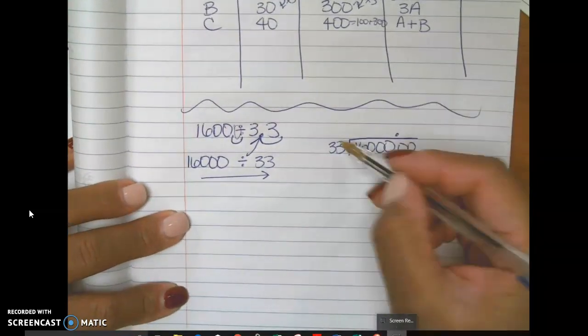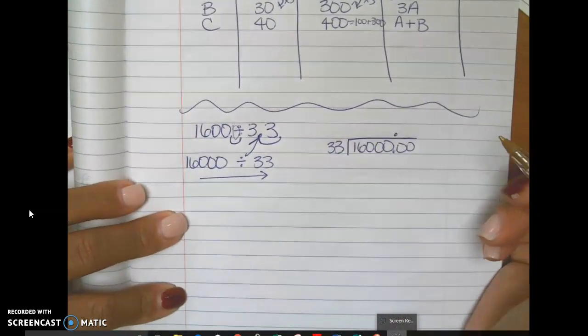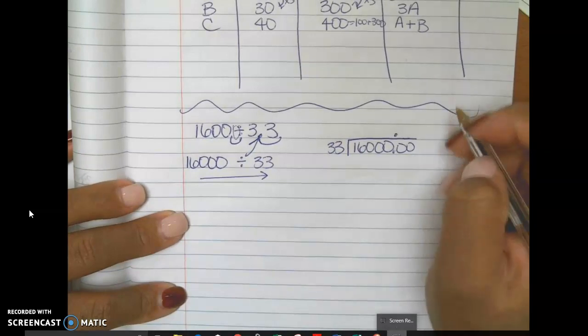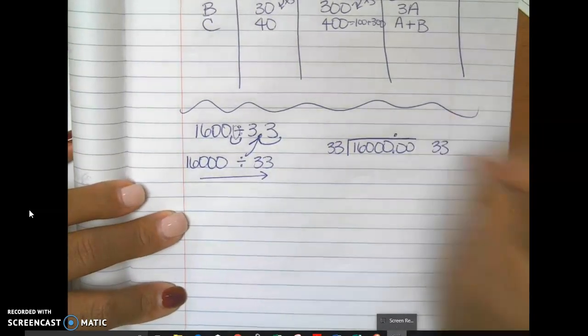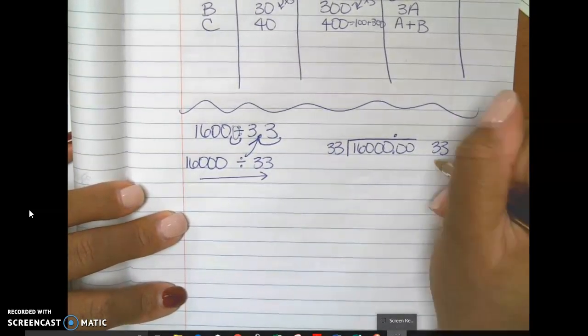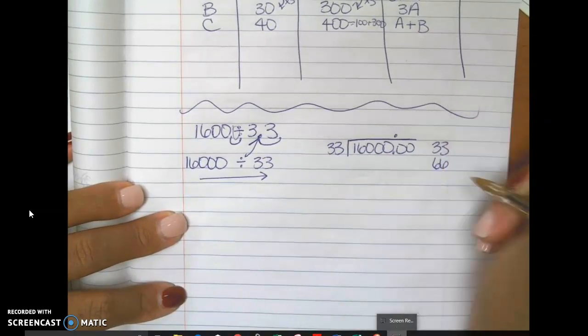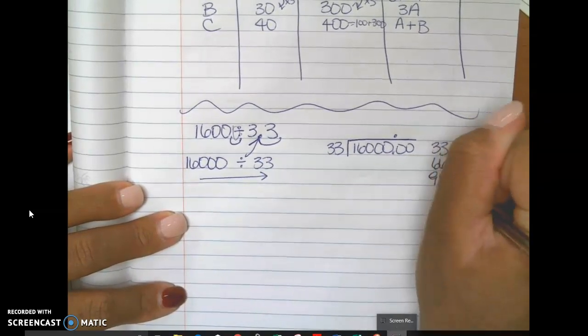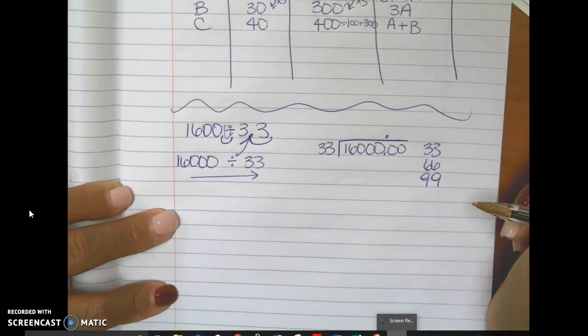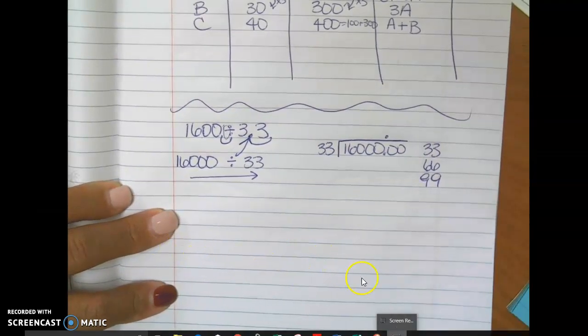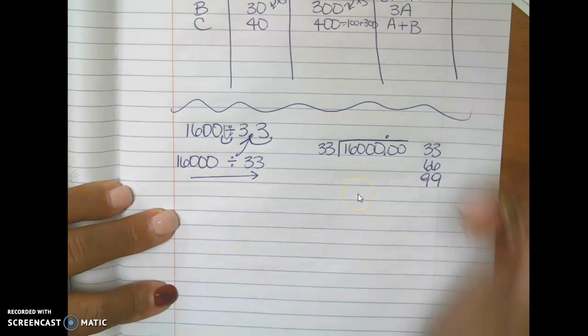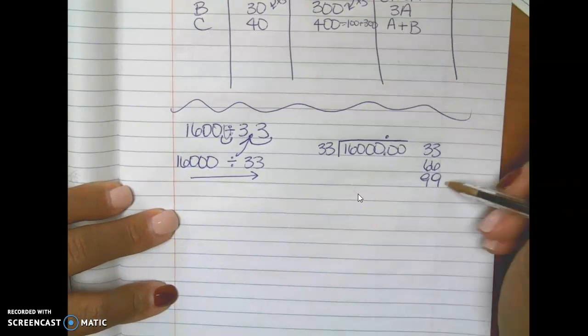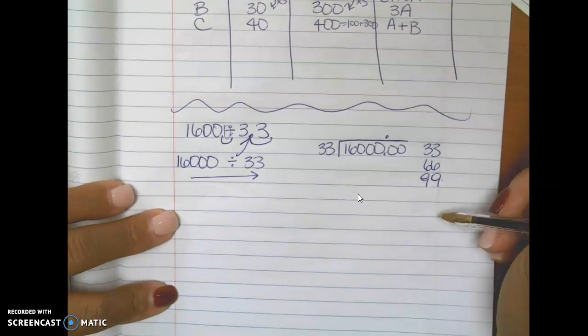Okay, now what do I need to do with the 33? List the multiples. 33, what comes next? 66, what comes next? 99. So the first 3 are easy. Now I have to carry over. Keep going. How am I going from 99 to 132?